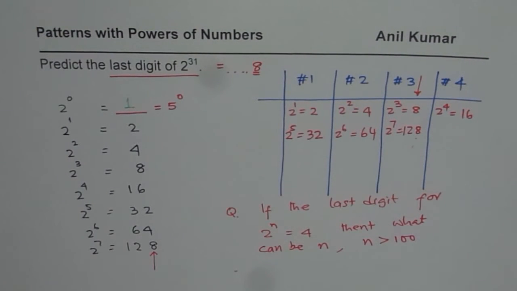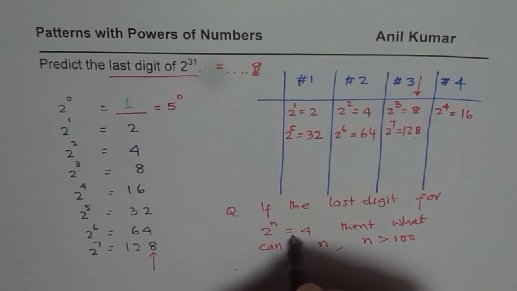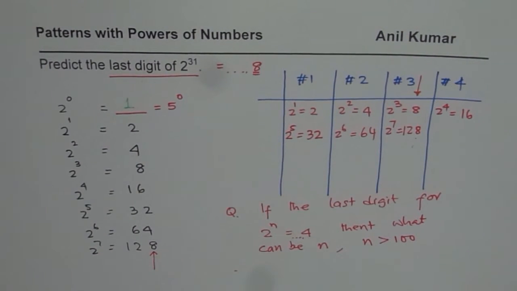Let us say it's greater than 100, then what could be the value of n where the last digit of 2 to the power of n is 4, right? So this is the question for you.